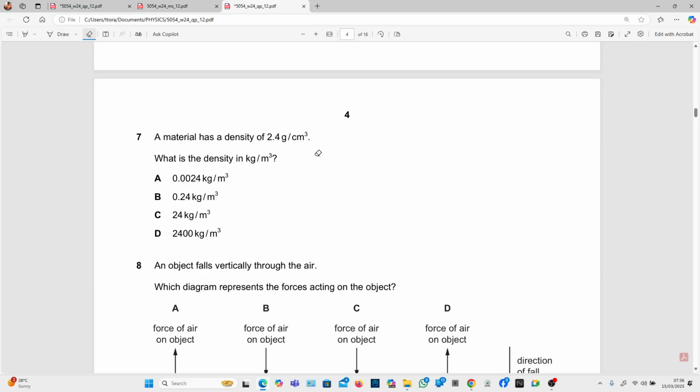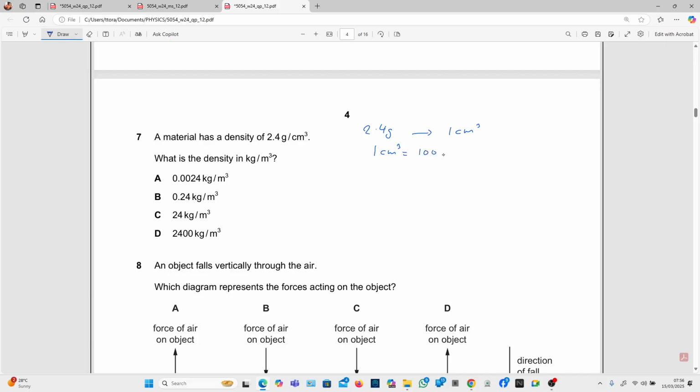Now question number 7. A material has density 2.4 grams per centimeter cube. So that basically means I have 2.4 grams per centimeter cube. Now we're going to convert this into meters.